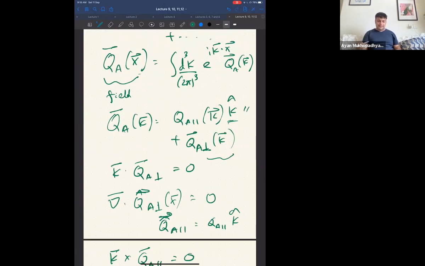This is basic. Have you heard of the Helmholtz theorem before in electrodynamics? Have you seen it this way, why you can always decompose a vector field into something that is divergence free? So this is the part that is divergence free, and this is the part that is curl free.